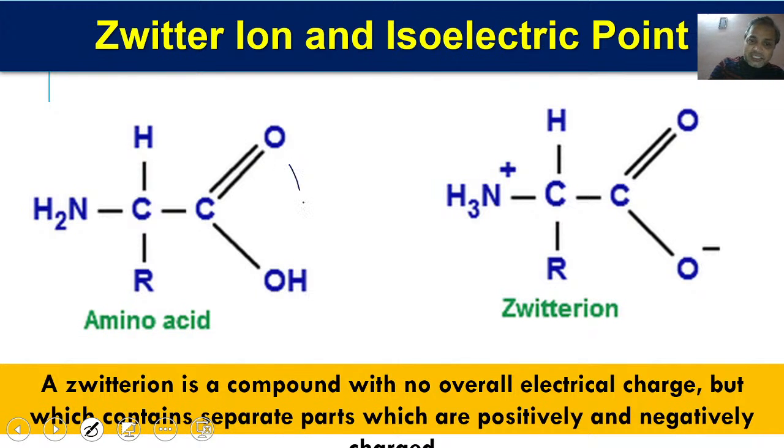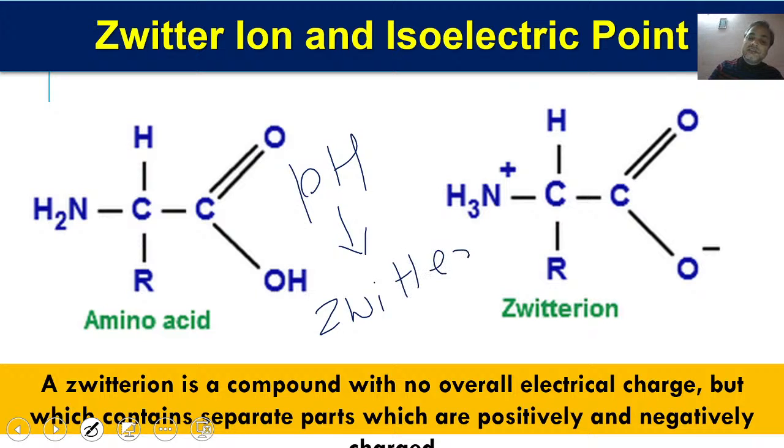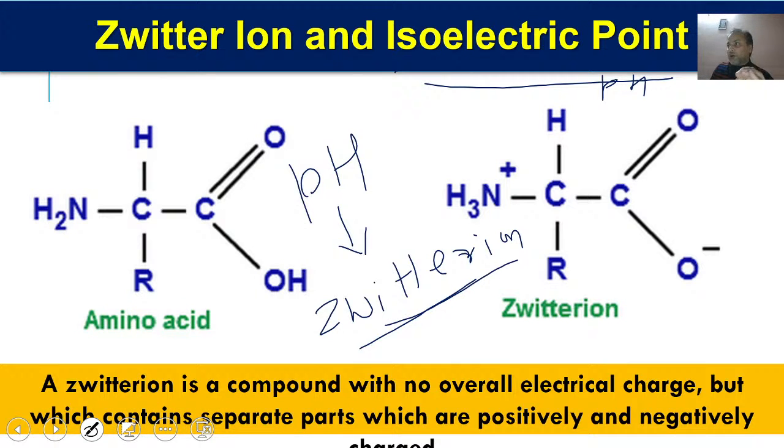The pH at which any amino acid exists in the form of a Zwitterion is called the isoelectric point or isoelectric pH.